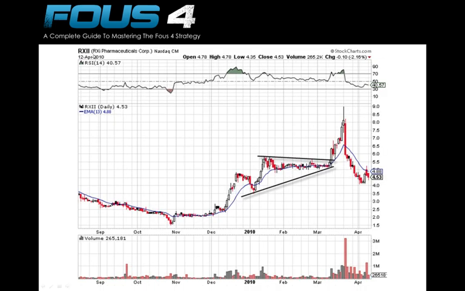Same thing here is another pharmaceutical company, RXII. Lead-in trend is fairly neutral. And then we got this spike up here with a nice increase in volume plus price. This almost doubled, going from about 3 up to 6 in a short amount of time. Then from here, we were able to form this ascending trend line, connecting it here, and this is a little bit more of a wedge pattern.